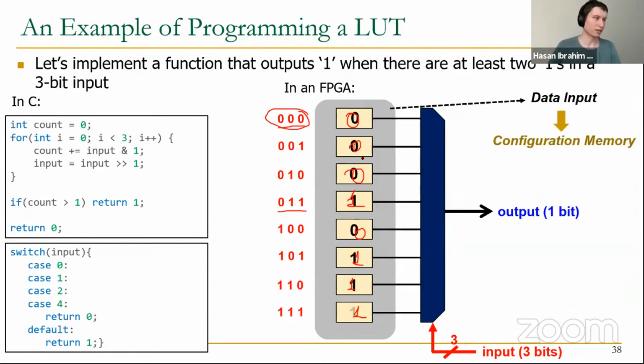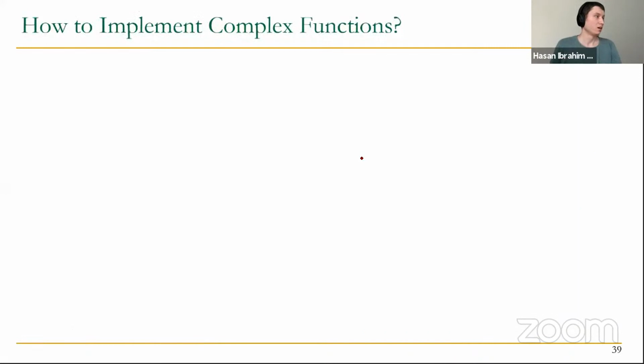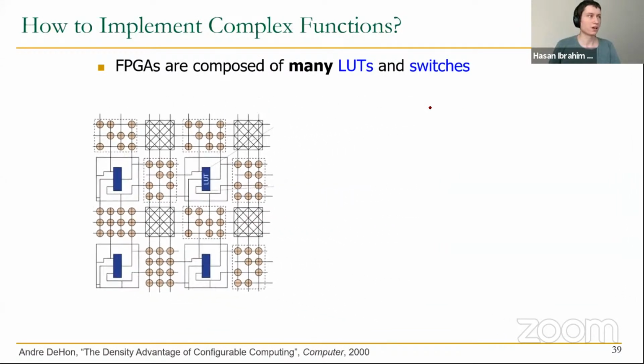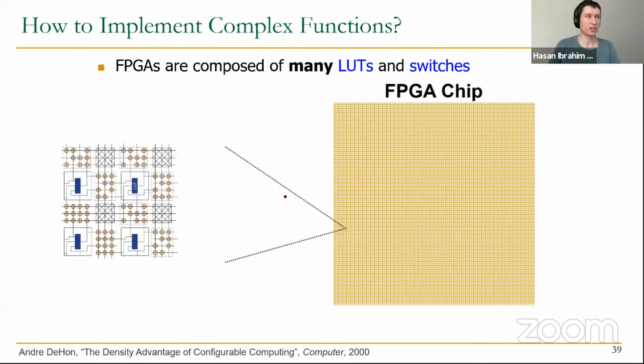Actually, I had an animation for this. Yeah, so how to implement more complex functions. As I said, it is a complicated task because FPGAs are huge and we have many of these lookup tables and switches, and depending on the application, the circuit that we want to implement might be huge. So dealing with such complexity manually is not feasible.